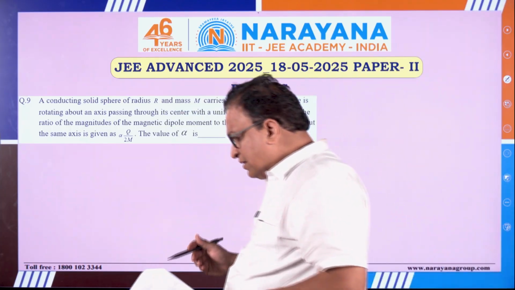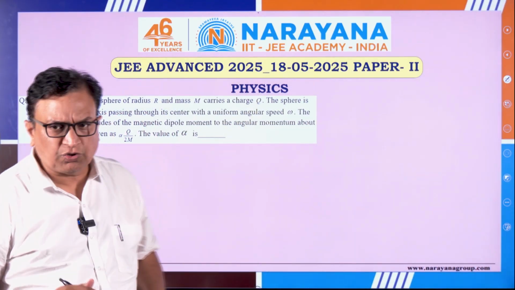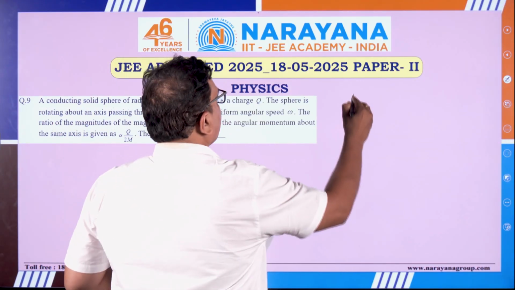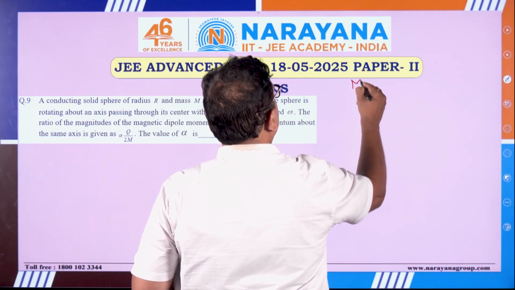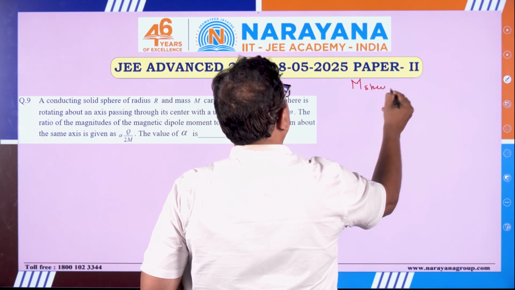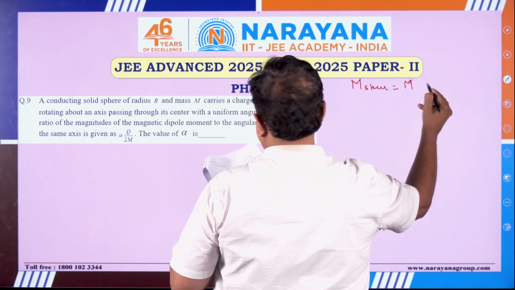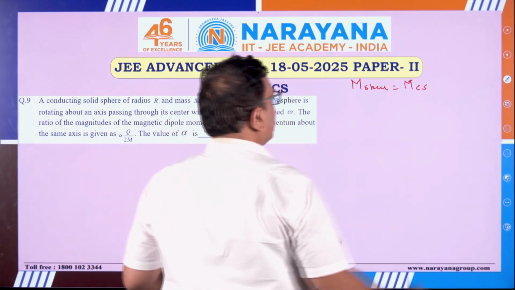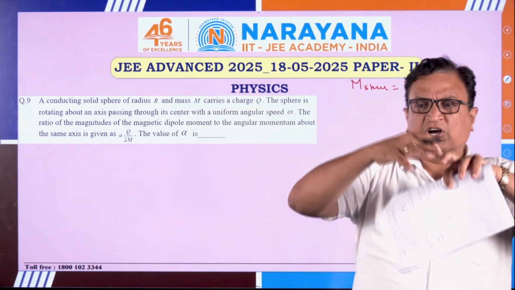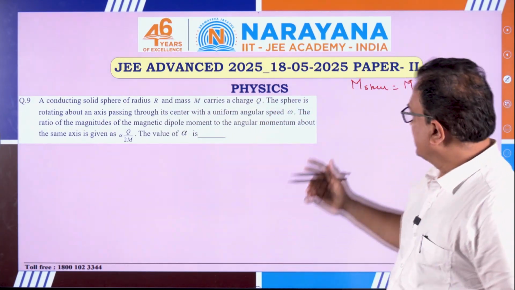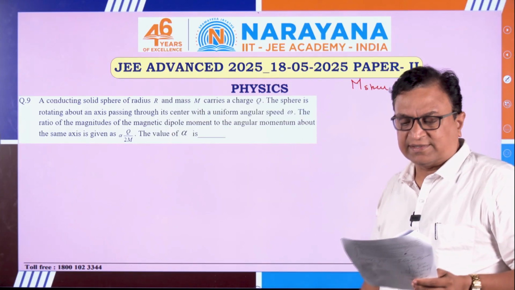See, one assumption that you should make here is whether it is a shell or a conducting shell. In both cases, the charge will be on the surface only. So M refers to the same in both cases.